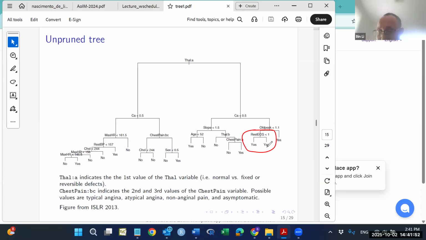We have 9 here, and 11 here. For these 9 patients that fall into this leaf, all of them have heart disease. But for these 11, only 7 out of 11 have heart disease, and the 4 others have no heart disease. So for the majority vote, they are still yes and yes, but they are very different.